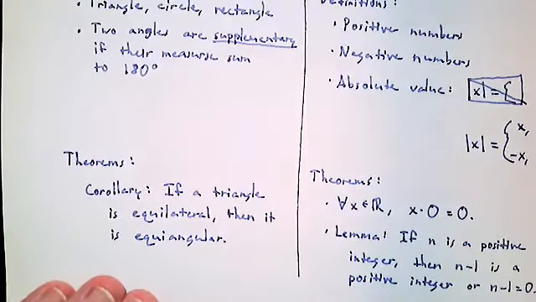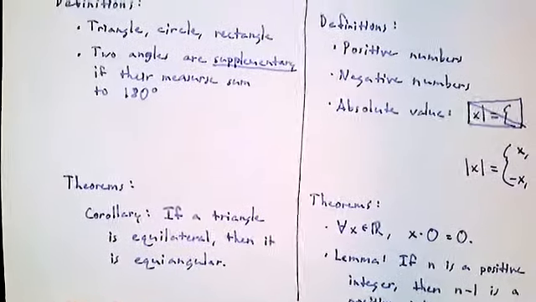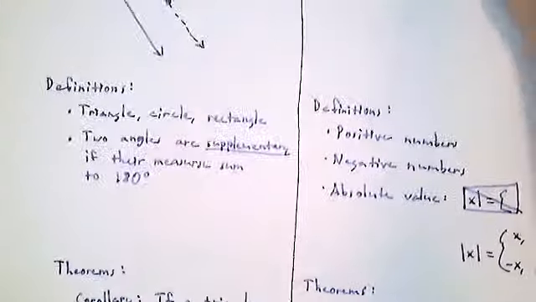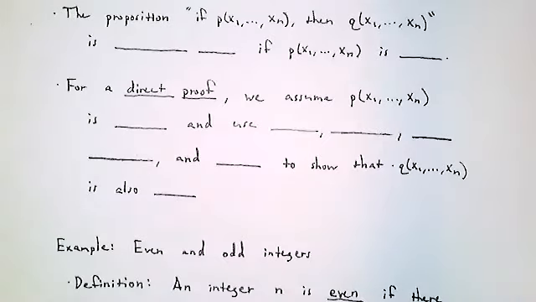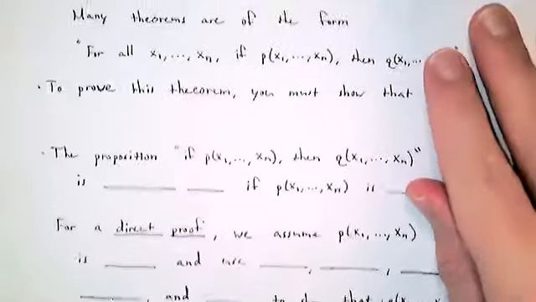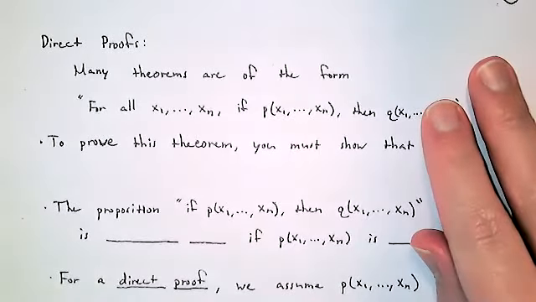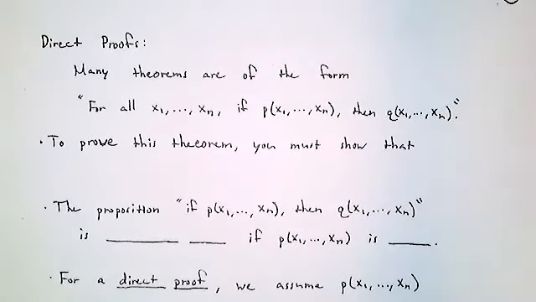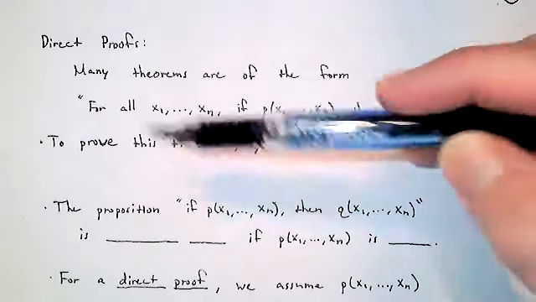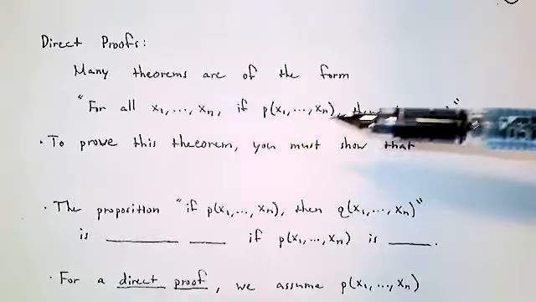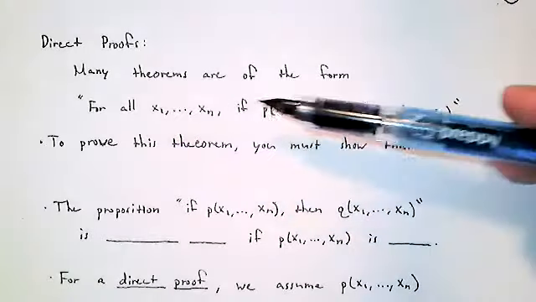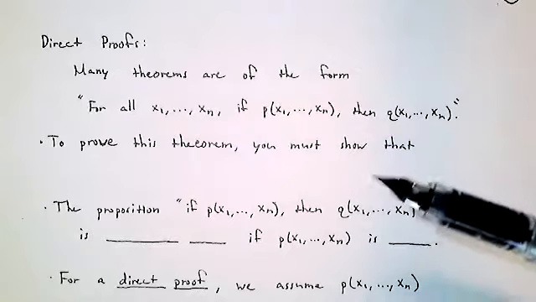Okay, so now that we have, I think, a pretty good idea of what we're talking about, let's try our hand at actually proving things using direct proofs. And to get started, we're going to talk about statements like this. These are conditional propositions.